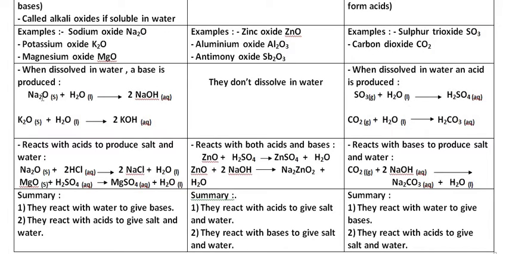Sodium oxide, a basic oxide, reacts with water to form a base, but sulfur trioxide reacts with water to form an acid, and so this is called an acidic oxide, but this is called a basic oxide. A basic oxide means an oxide which reacts with water to give a base. This is another example, and this is another example.